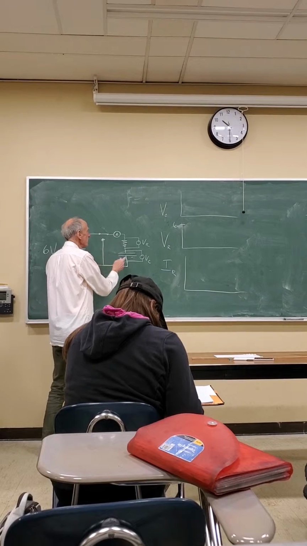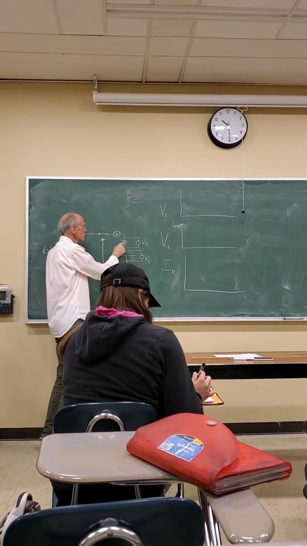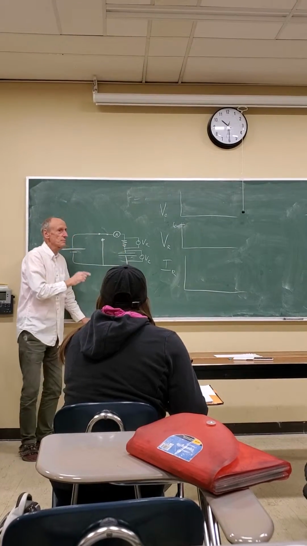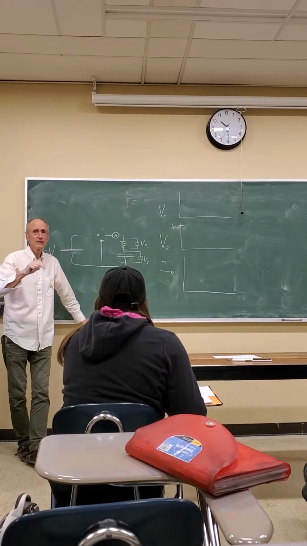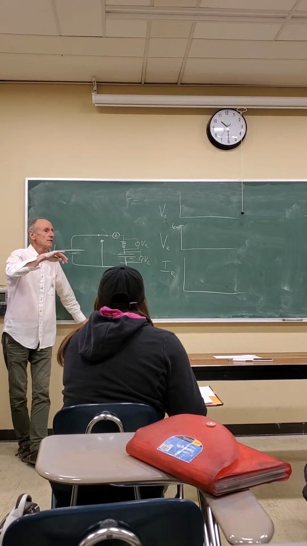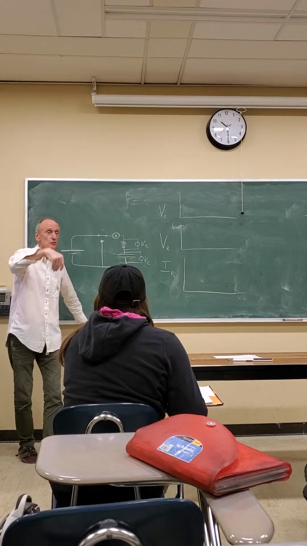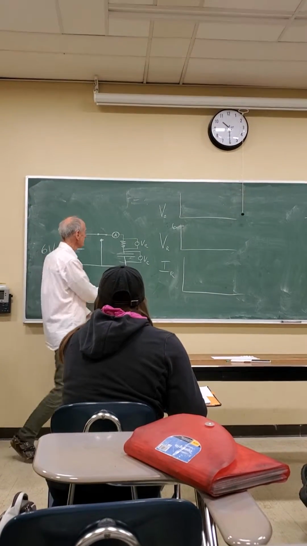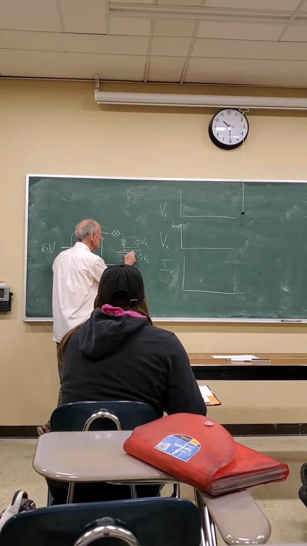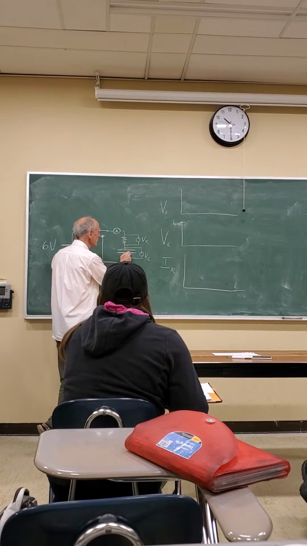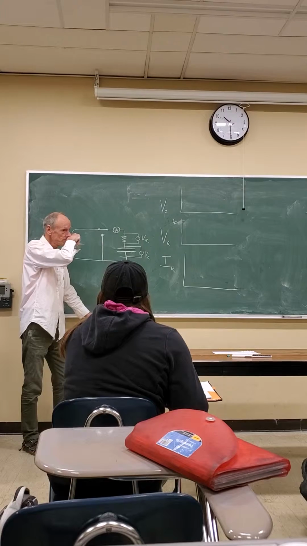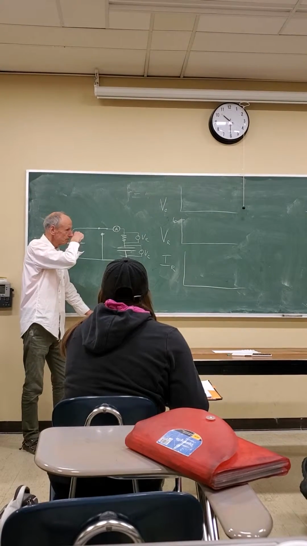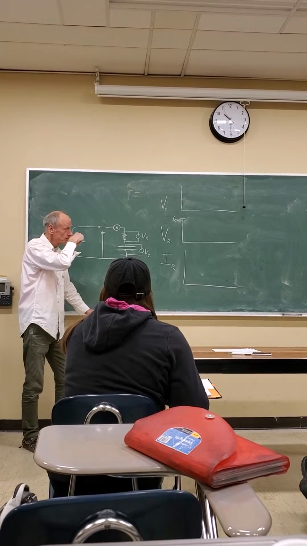He said the voltage has to go through the resistor before it gets to the capacitor. What's wrong with that? I thought the voltage is static across the whole. The voltage is across. What goes through the resistor to get to the capacitor? Current. Current goes through the resistor to get to the capacitor. But what does current have to do with voltage? Voltage is equal to current times resistance.